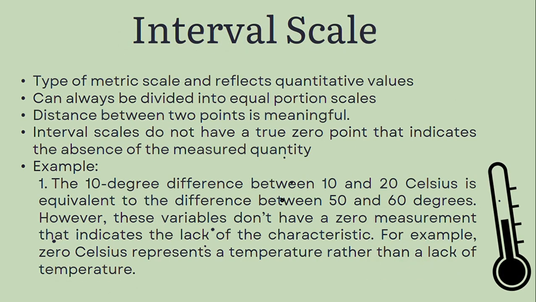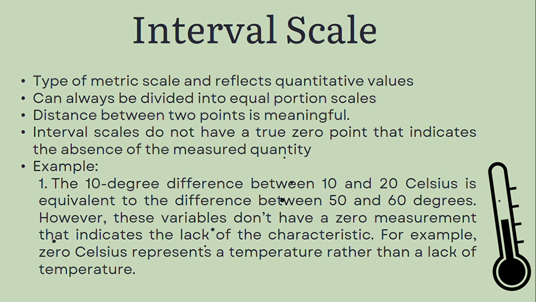Next, interval scale. Interval scale is when we have quantitative data. When we have quantitative values, it comes up as an interval scale. Interval scale does not have a true zero point that indicates the absence of the measured quantity. This is known as a lack of the data. We don't have a true zero value. Distance between two points is meaningful.